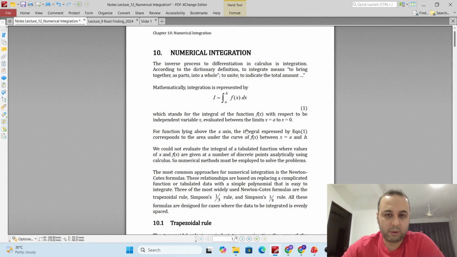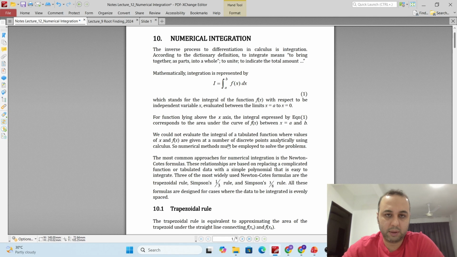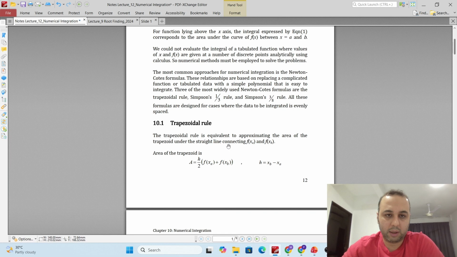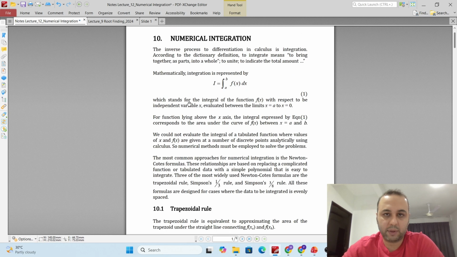For applying numerical integration, there are some methods like the trapezoidal rule. First we discuss the concept of integration.